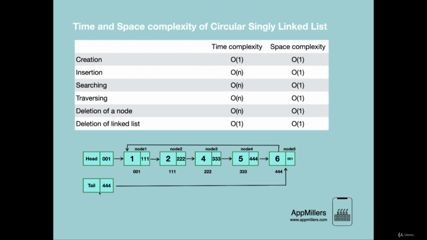Then at the end we update the tail reference, which breaks the link between tail and the last node. By doing this, we are making these nodes eligible for garbage collection, and the garbage collector comes and deletes them. That's why this takes O(1) time complexity, because we are just updating references. And the space complexity is obviously O(1) because we are deleting all elements of circular single linked list.